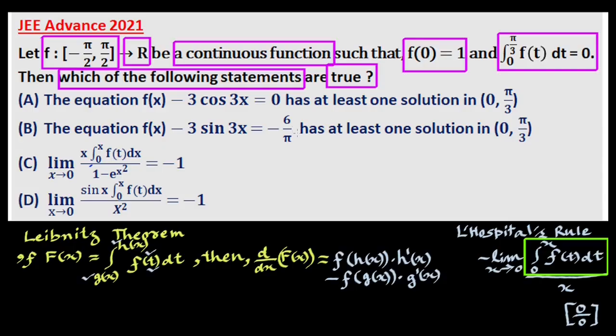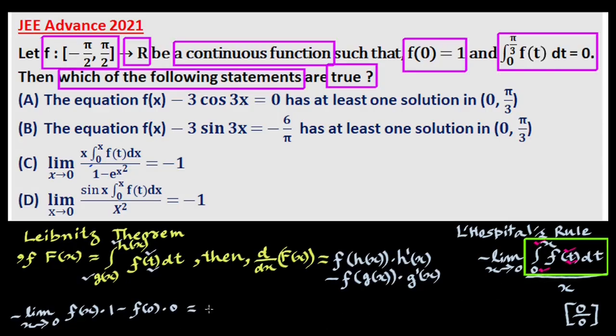So we write the limit as minus the limit as x tends to 0. First we will replace this t by the higher limit x and write f(x) into the derivative of the higher limit x, which is 1, minus, we have to replace this t by the lower limit 0. So f(0) into the derivative of the lower limit 0, which is 0.